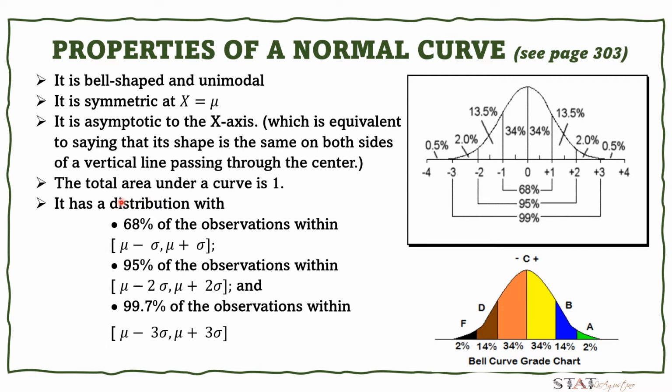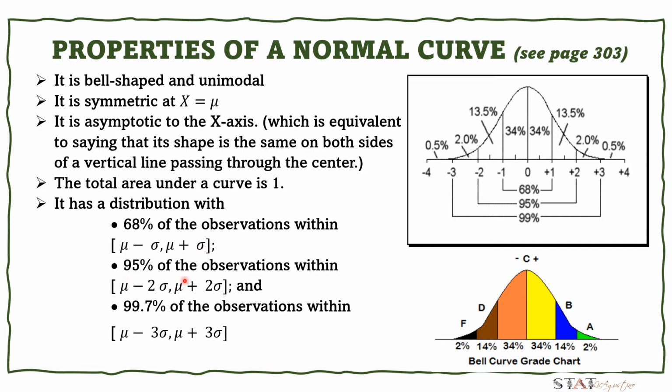And again, the probability principle that we have, so the total area under the curve is 1. So it has a distribution with 68% within one standard deviation. 68% of your observations fall within this area, that is, from your mu or your mean minus your standard deviation to your mean plus your standard deviation.